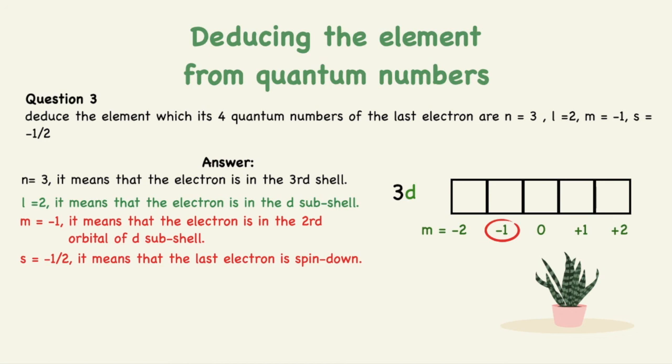And our electron is spin down, so the number of electrons filled in this subshell is 7, so the d is 7. It is ending in -1, and the last electron is spin down, so it is filled with 7 electrons. So the last subshell is 3d7.